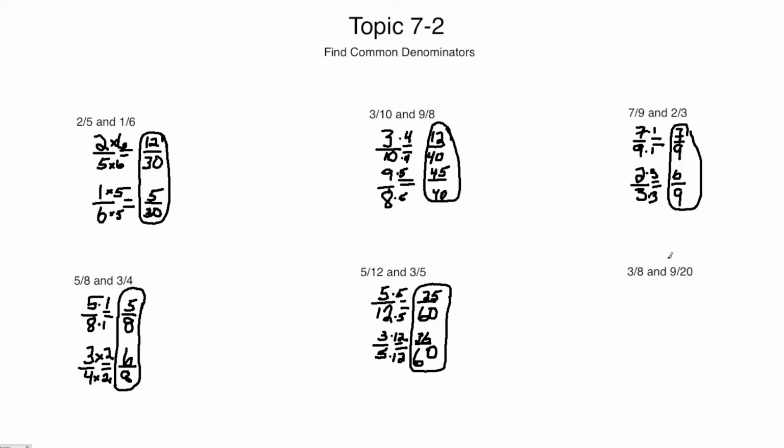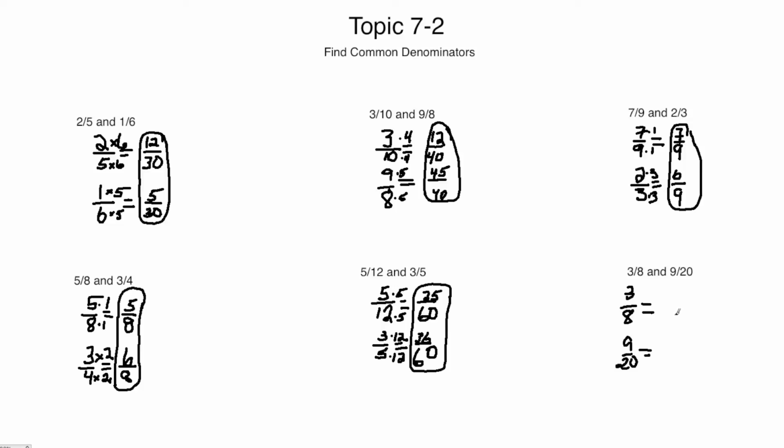Now go ahead and do your last one. Go ahead and push pause. All right, so we've got 3/8 and we've got 9/20. Now, if we took the denominators and multiplied them, 8 times 20 is 160. That's a huge denominator.